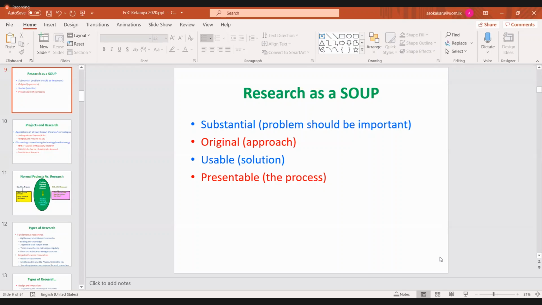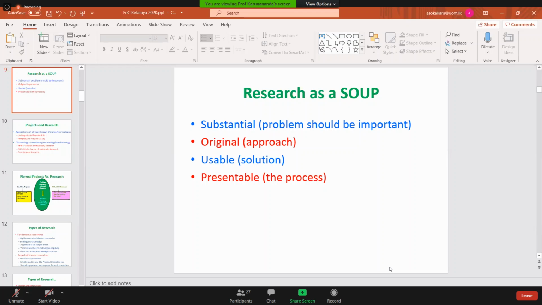You can write: without presenting the research to the outside world, it has no value. Presentation skill is a must for researchers.